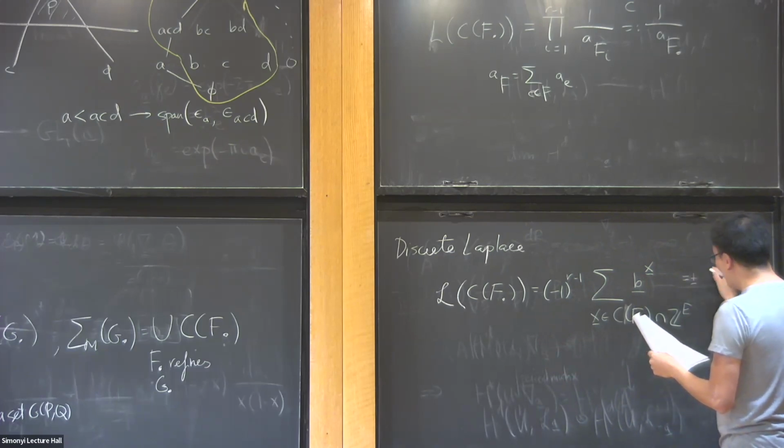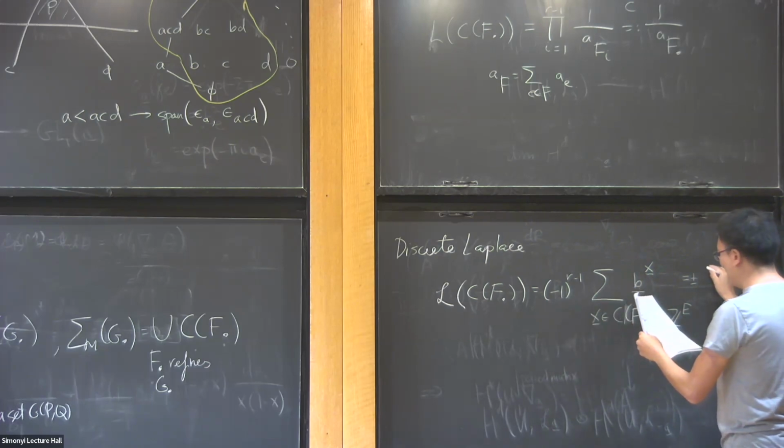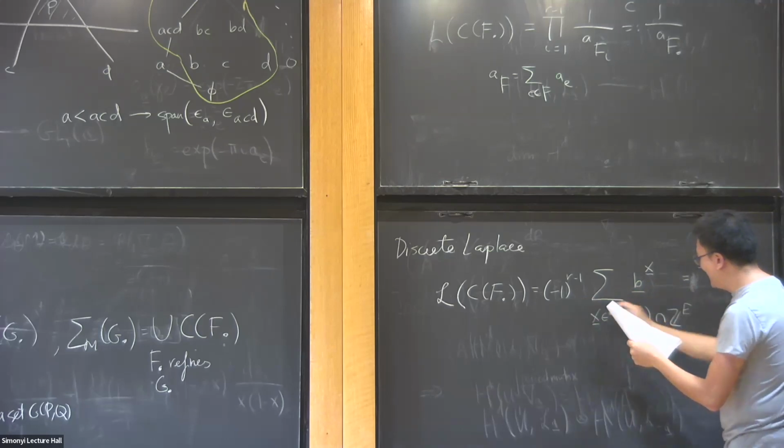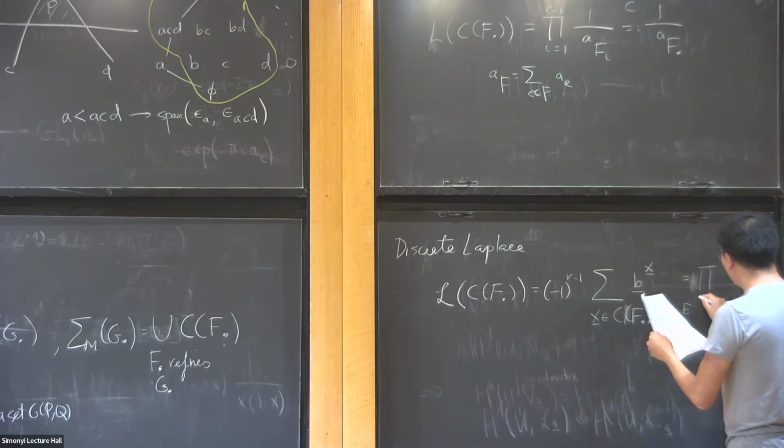There's some sign. Actually, after you put in the sign, I think I wanted to have no sign. 1 to the r minus 1.